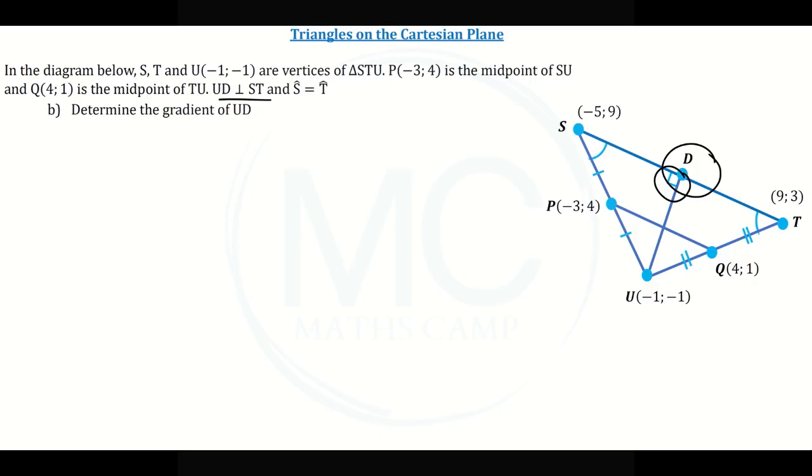This has already been given to us. We need to use this idea to find the actual gradient. We know that if two lines are perpendicular, their gradients will be the negative reciprocal values of each other. So if we can't find the gradient of UD, let's find the gradient of the perpendicular line ST.